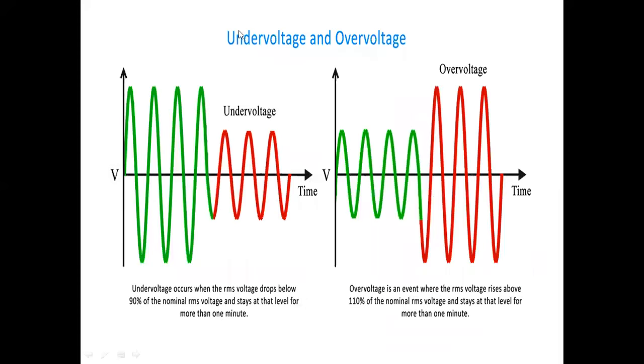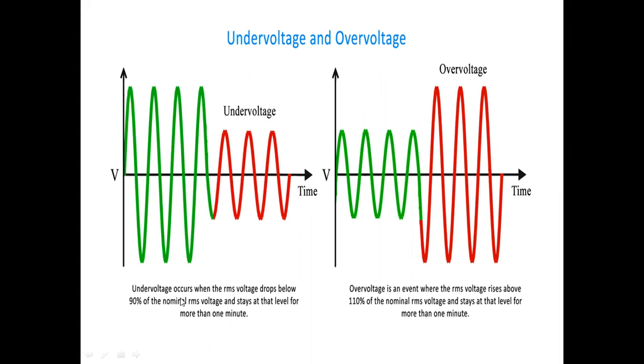Next, these are the under voltage and over voltage waveforms. Under voltage means this is the sinusoidal input voltage, and here the red color is the under voltage. Under voltage means the voltage drops below 90%, and the voltage below 90% is maintained for more than 1 minute. That is called under voltage.